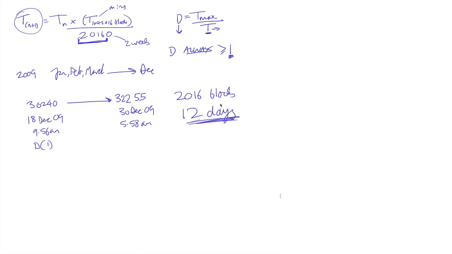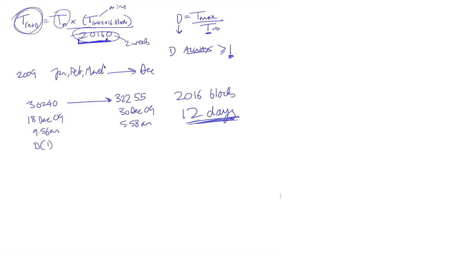So per this formula, this last 2016 blocks was, for the first time, less than 2 weeks, in which case the difficulty for the next 2016 blocks was increased for the first time.